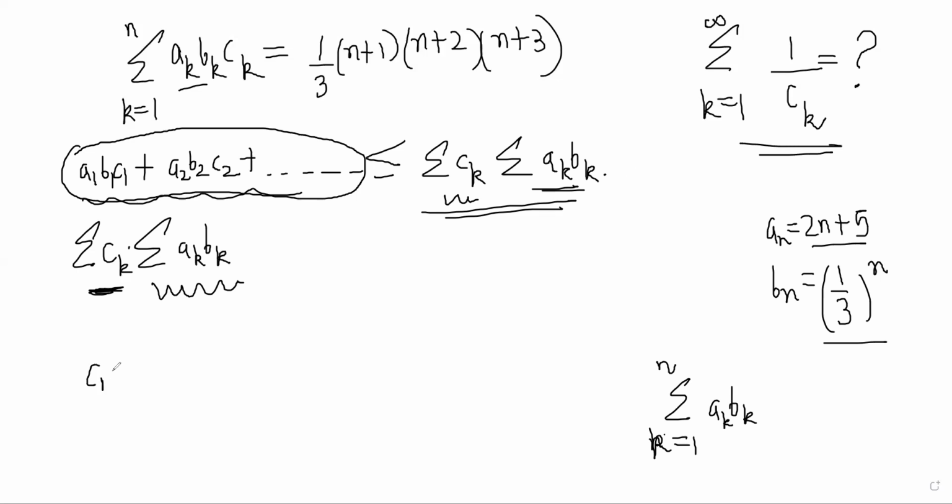Okay, so Cn expression was only available to us. Cn expression was (n plus 1)(n plus 2) by (2n plus 5) into 3 power n. An is 2n plus 5 and bn is also given.